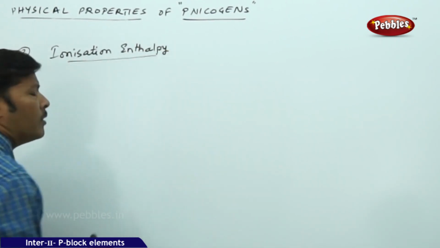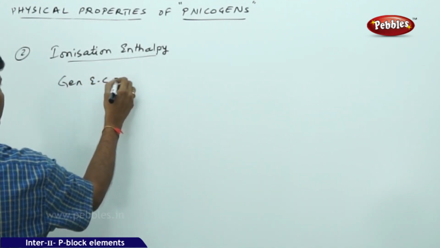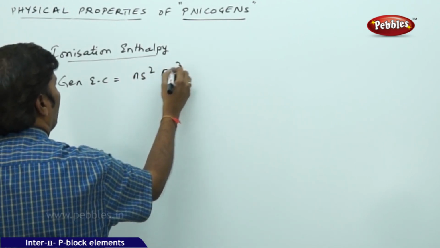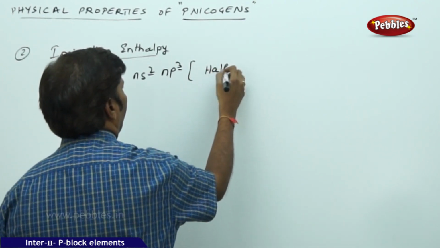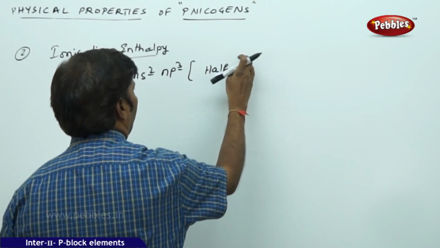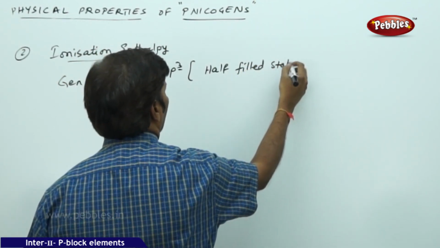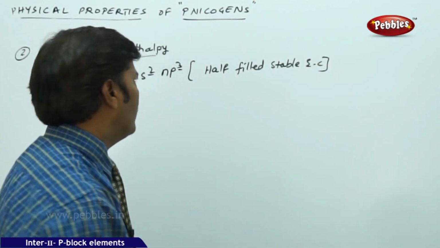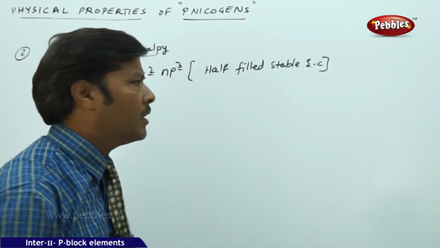If you speak about the ionization enthalpy, we know that the general electronic configuration of the 15th group, the pnictogens, is ns2np3. That means they have a half-filled stable electronic configuration. Because of this, removing the electron requires a large amount of energy.